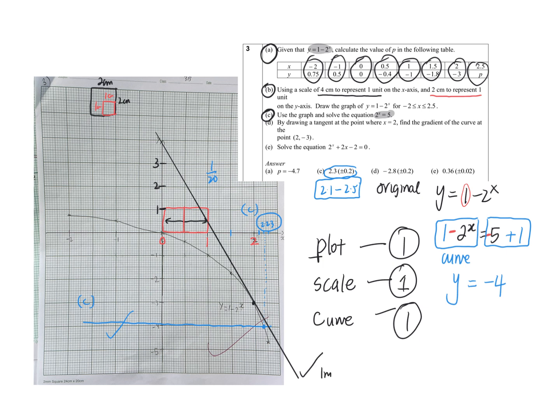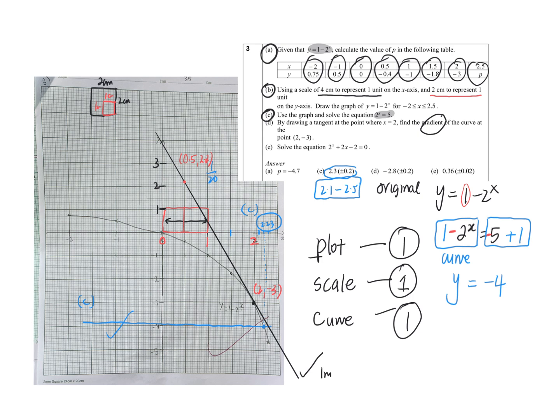Where is the second mark? They will ask you to find the gradient. Standard question, the graph is always like that. So you go to the line and pick 2 points that are easy to read. For example, 1 point you pick 0.5 and 2.2. Another point, you can just pick this point if you want to be safe: 2 and minus 3.